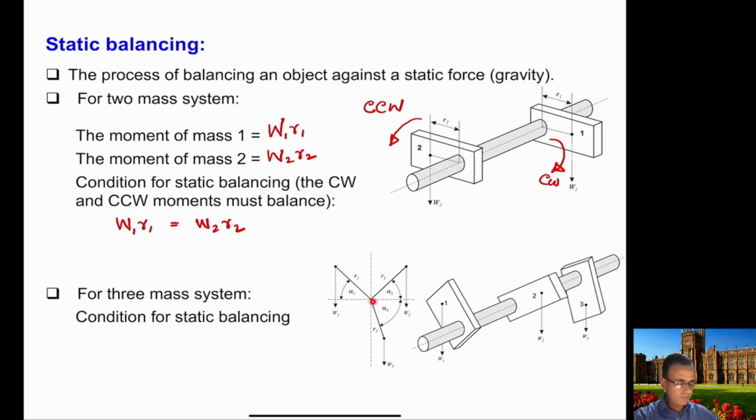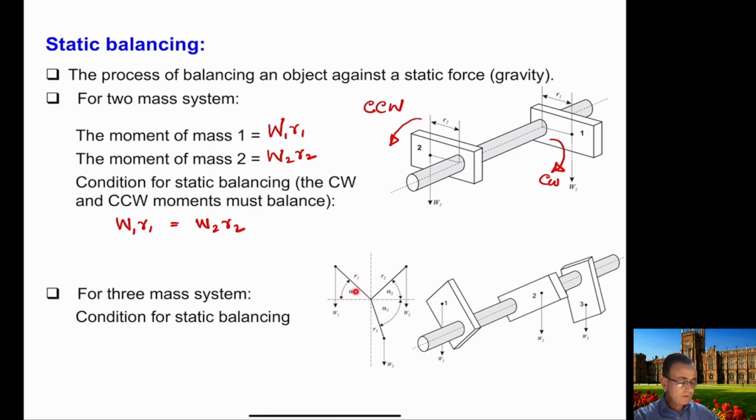Here in the side view, we can see W1, and R1 is the distance of the center of gravity from the center of the shaft. Similarly, R2 is the distance of the center of gravity of mass 2 from the center of the shaft, and similarly for mass 3, we have R3 here. And obviously these R1, R2, and R3 are not horizontal.